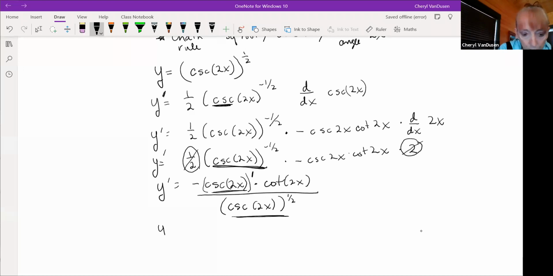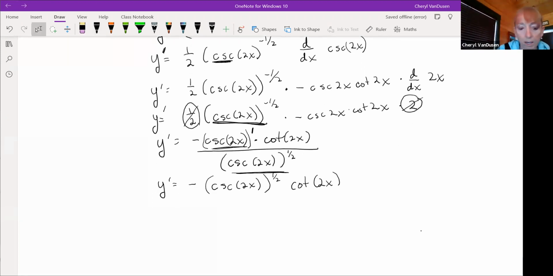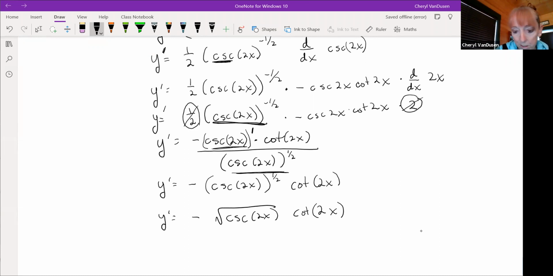And so we would then have minus cosecant of 2x all to the half power on top times by cotan of 2x. That's a good answer. I don't mind that. However, you might want to change it back to a square root just because the first actual question had a square root in it. That's neither here nor there, but there would be a final reduced answer.